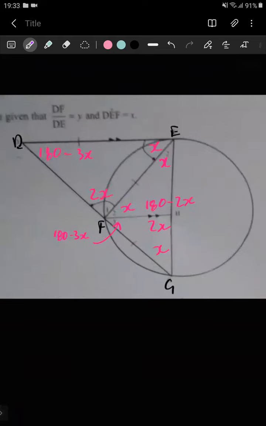Interior angles of a triangle add up to 180. So the sad thing is, if you add all these up and make it equal to 180 and try to do some funny stuff, you're always going to go in circles. You won't get a specific value. But then they gave us, we worked out DF over DE as Y and 1 over there.